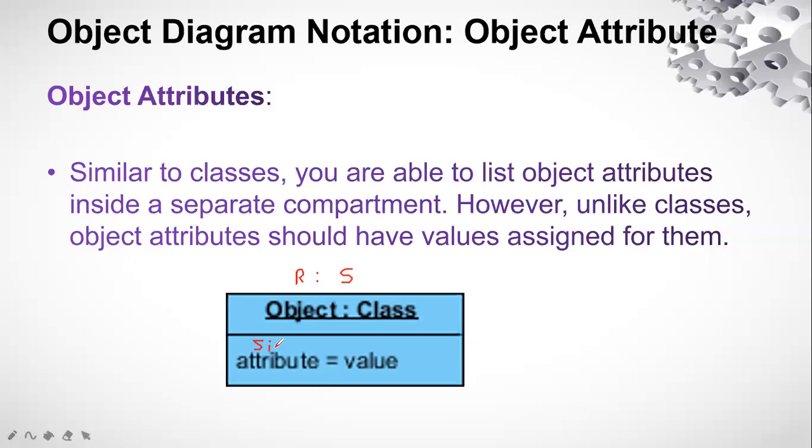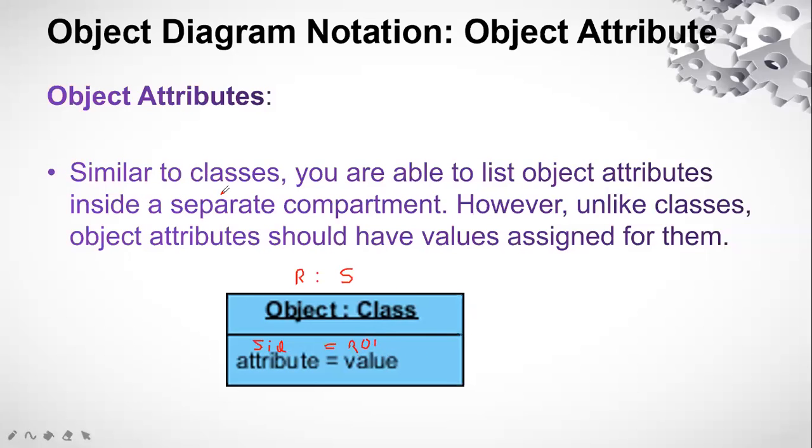So student ID is the attribute. Now what value will we give to student ID? Rohan has the student ID as R01, let it be. So R01 is the value. So we will give SID, student ID, equal to R01. This is how we are going to define the attributes.